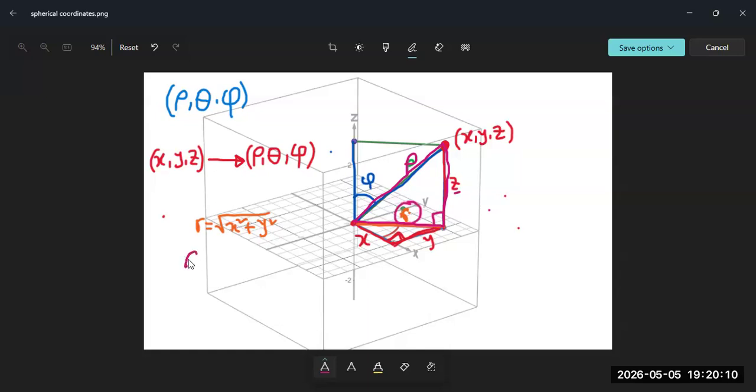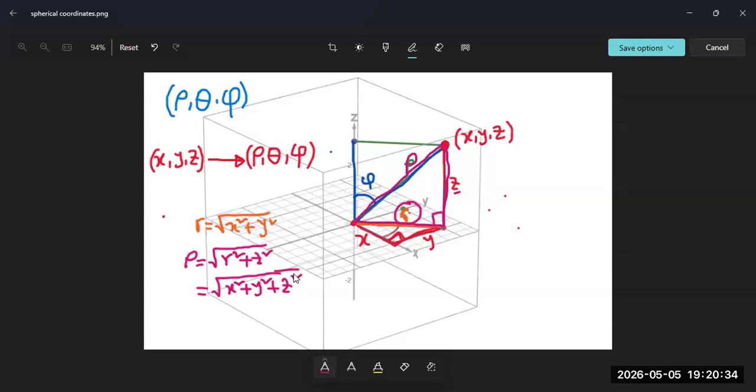So hypotenuse rho is basically square root of R square plus Z square. If we put the R quantity in terms of X and Y, R is square root of X square plus Y square, so R square is X square plus Y square, and plus Z square.